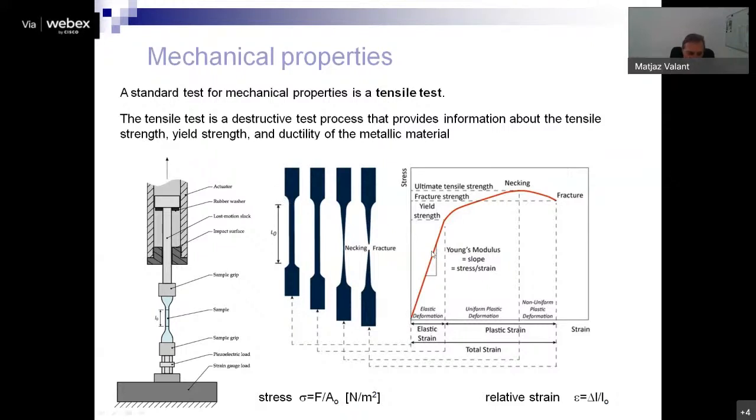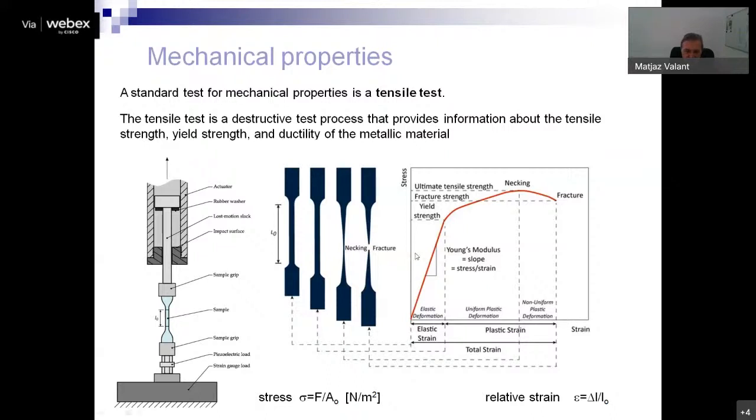So this strain is reversible. However, when we overcome this particular point here, which we call yield strength, the plastic deformation happens. The slope of this elastic deformation, the slope of this first part, is called the Young modulus.